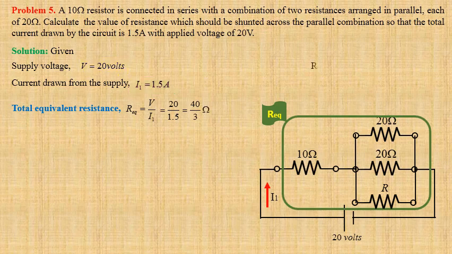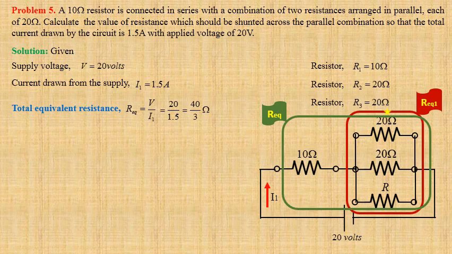Let the resistor R1 be 10 ohm, resistor R2 be 20 ohm and resistor R3 be 20 ohm. Here unknown resistor R is connected across the parallel combination of two 20 ohm resistors. Let the equivalent resistance of this parallel combination be Req1.